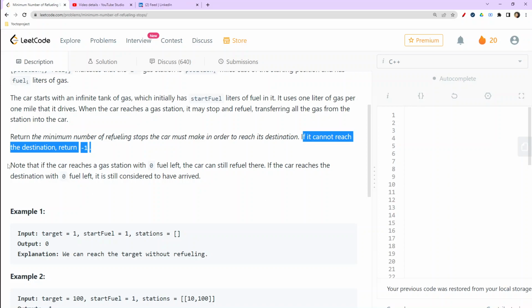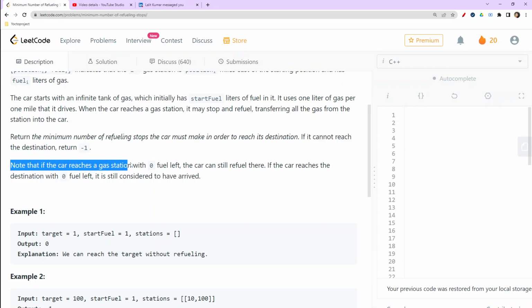Now they are also mentioning that if the car reaches a gas station with 0 fuel left, the car can still refuel there. What they are saying is that if we have fuel, and just to reach that station our fuel becomes 0, we can still consider that we were able to reach that position, and when we reach the gas station, we will easily be able to refuel and go to our next station or to the target destination.